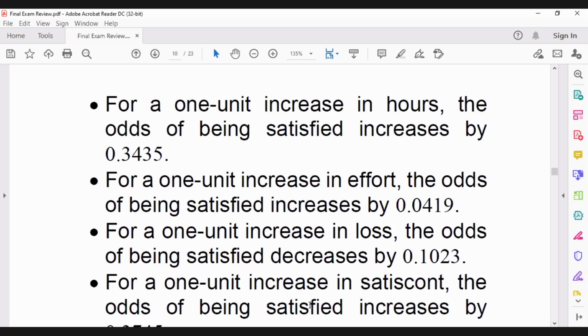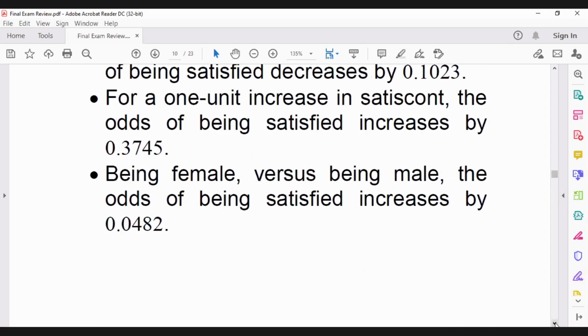But under probit, which assumes a normal distribution in x's and y, we got the odds increases, not log of odds, but odds increases, odds decreases, odds increases, and so on. Do you have any question?